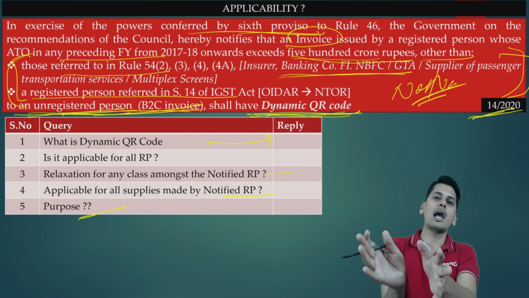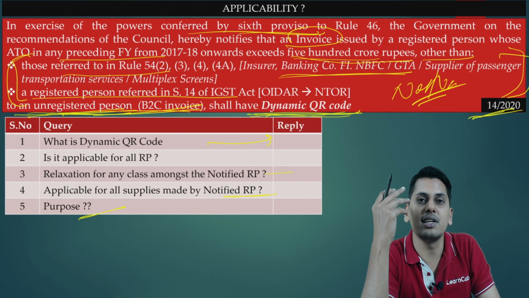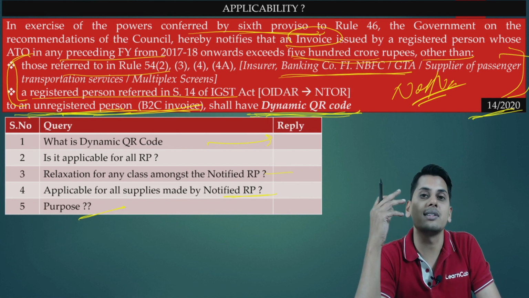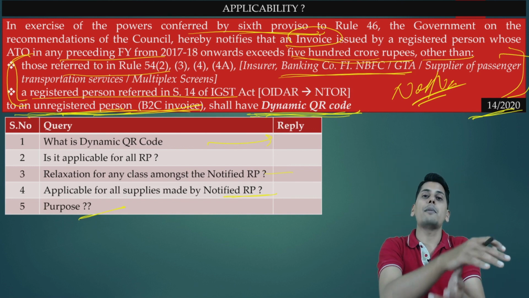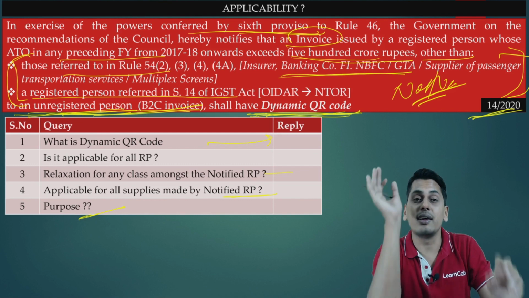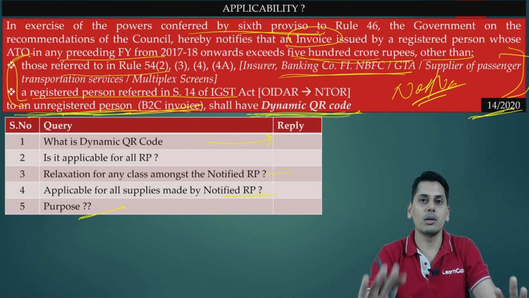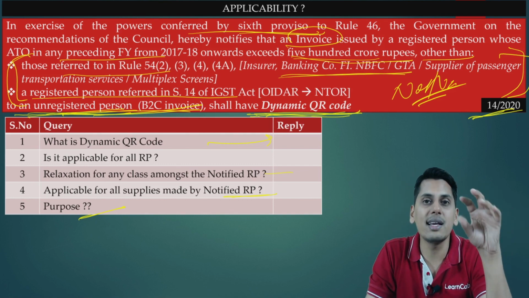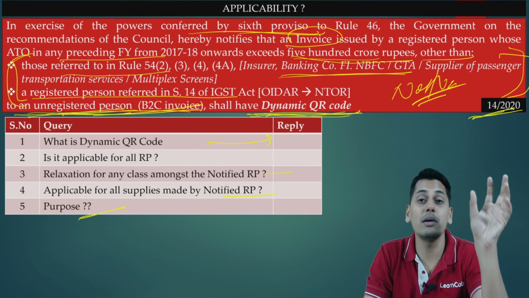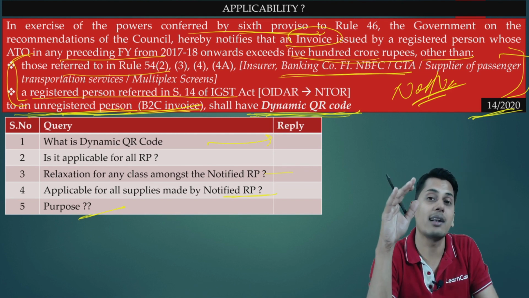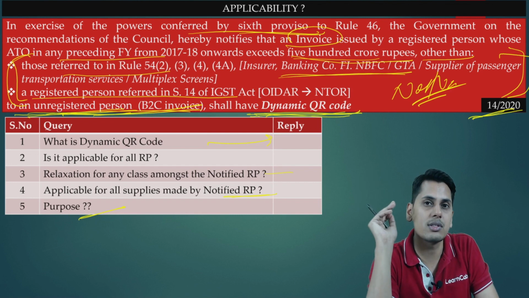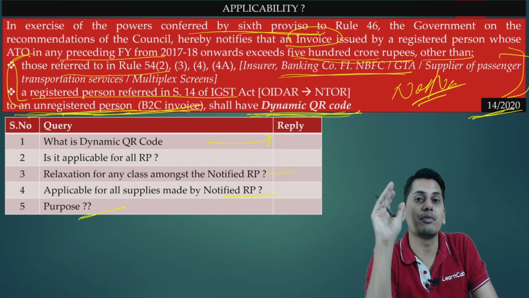The moment reporting happens, auto-population happens in GSTR-1, in the e-way bill portal, and in the GSTR-2 of the recipient. It is near real-time reporting to the portal, thereby minimizing the reasons for fraud and tax evasion. We have discussed at length the advantages and the purpose of that QR code.